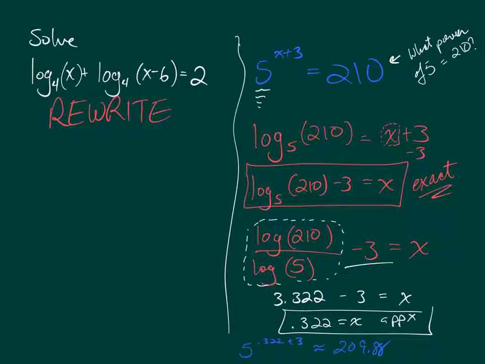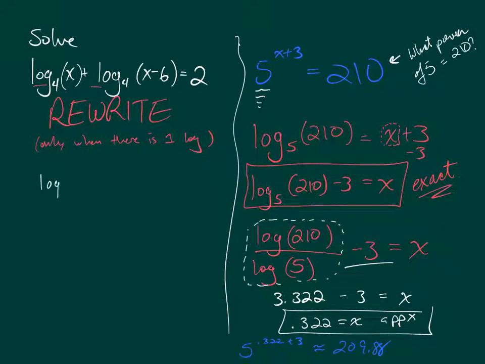in exponential form. But the problem is you can only rewrite when there is one log. And right now we have 2. So you have to combine those two logs together.